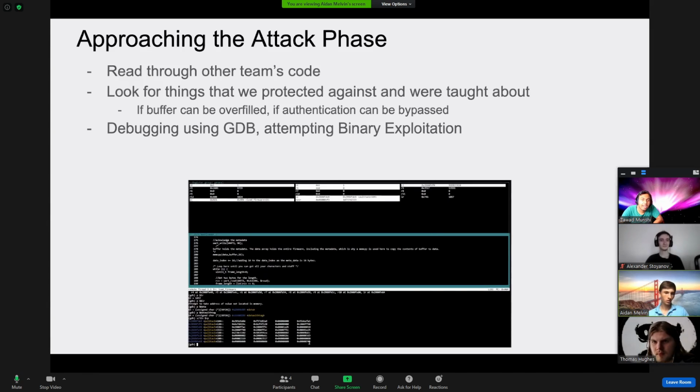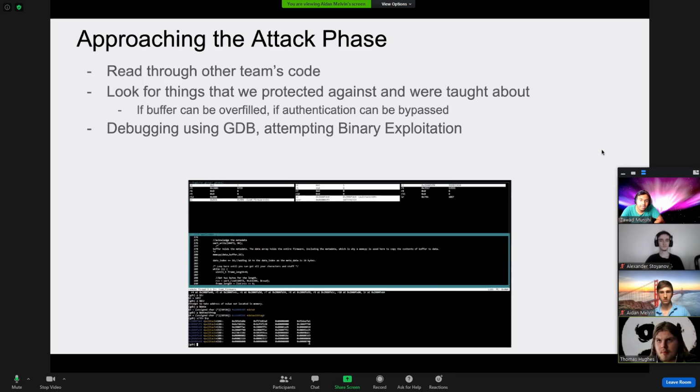To approach the attack phase, we first analyzed other teams' code and looked for obvious things that could be exploited. We also looked for things that we know we protected against, and we considered when we were developing our code, and we tried to see if any other teams forgot about a certain type of attack.